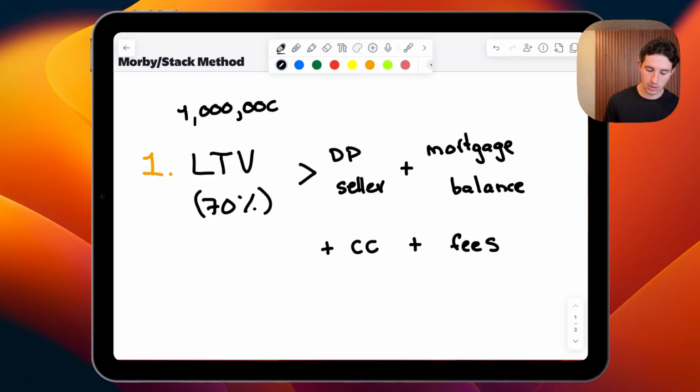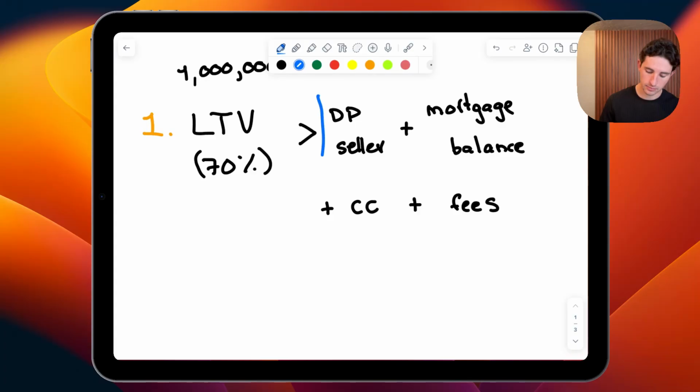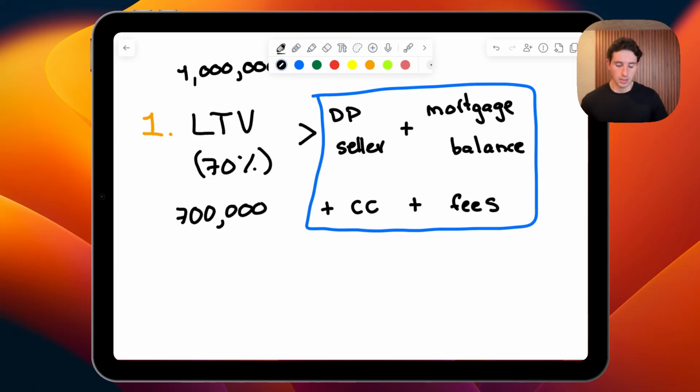That means our limit between all of these things is 70%, or $700,000.